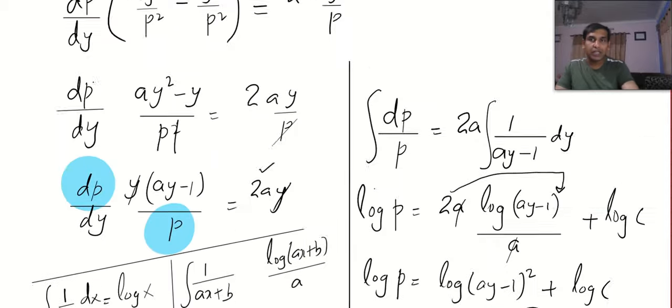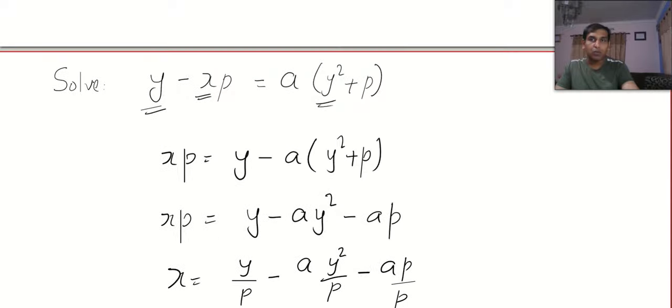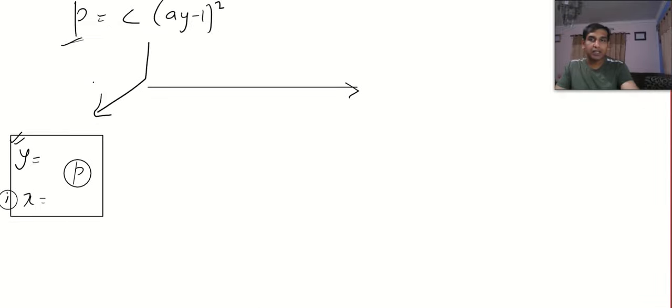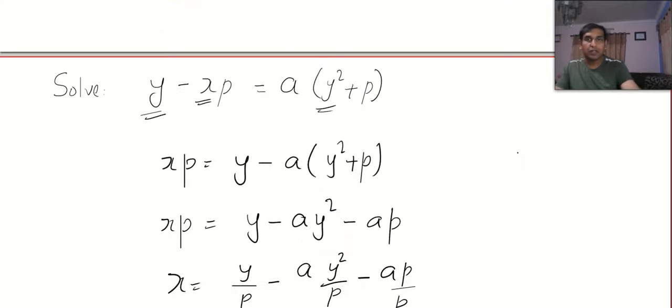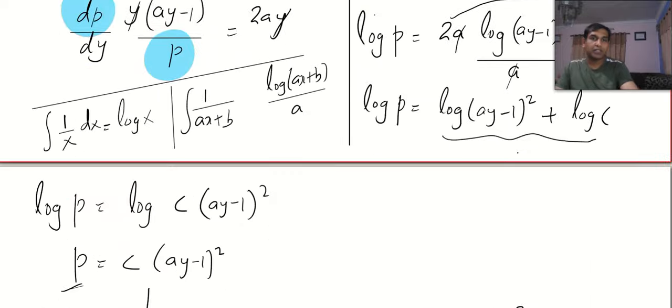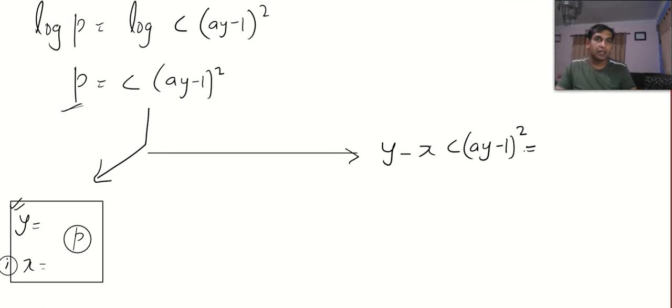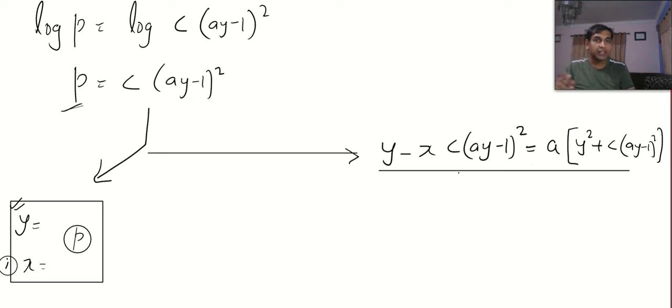So what I do is I will go to the given equation, y minus xp, so y minus x into p is equal to a into y square plus p. Now if you are writing the solution like this, it is called implicit solution.